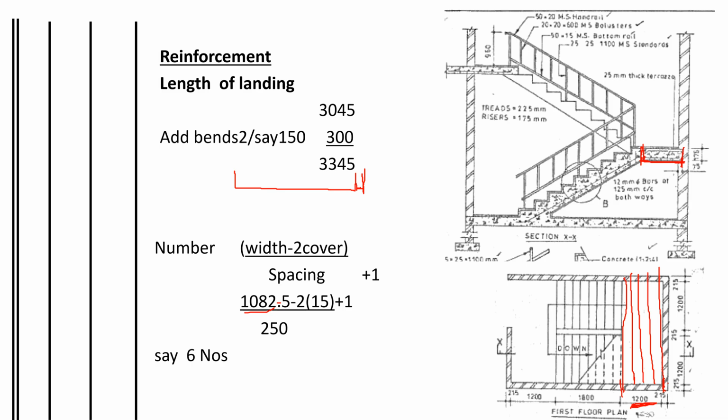So we shall take 1082.5. I'm calculating it. 1082.5 minus 30 divided by 250 plus 1, you get 5.21, say 6 numbers.